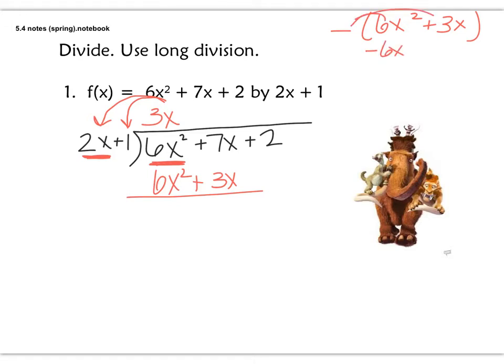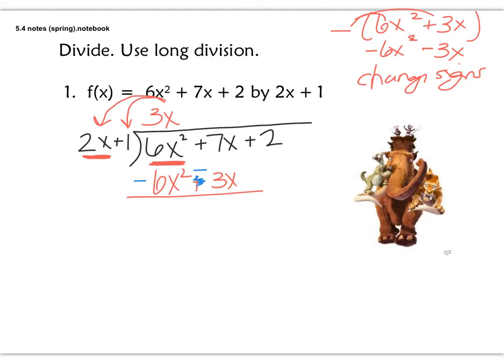Both of my signs would actually change. So instead of saying subtract, we're going to say change signs. You subtract an entire piece, all of the signs change. So subtract or change your signs.